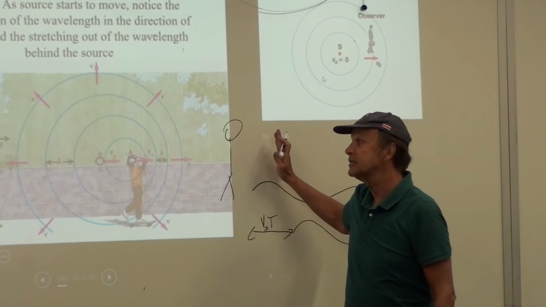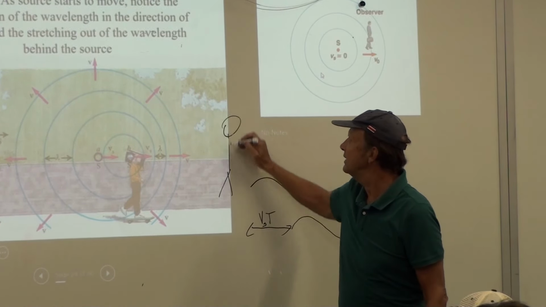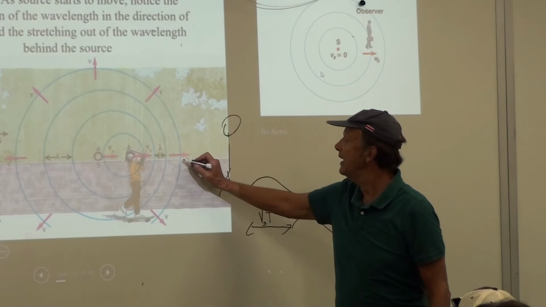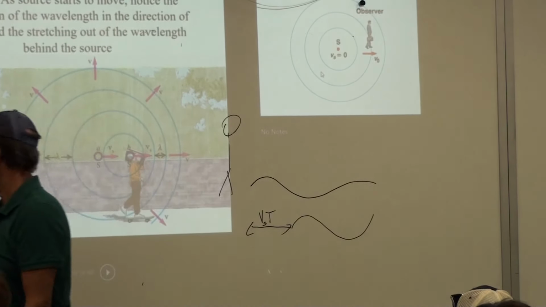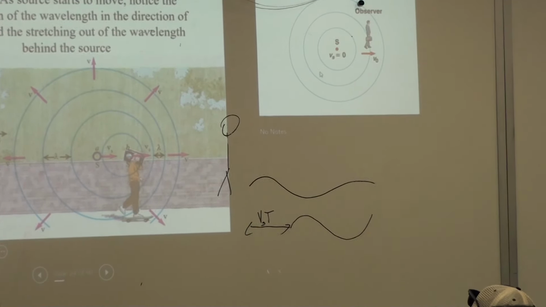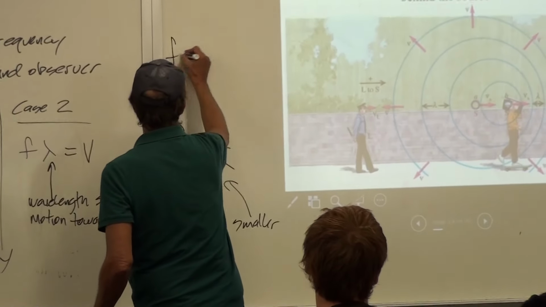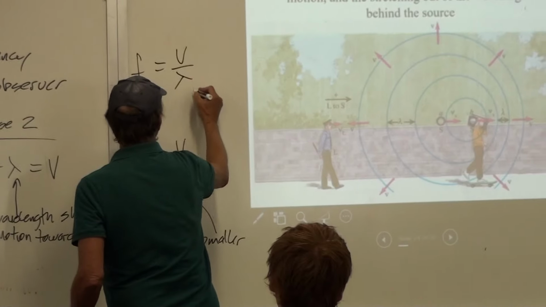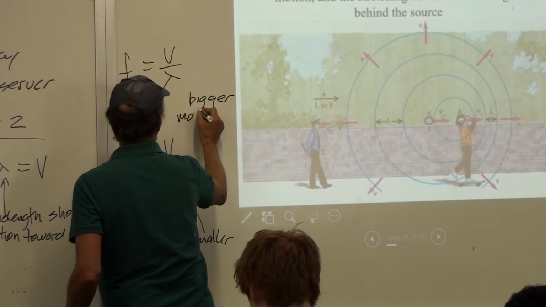The speed of sound is still the same value, and there's no relative motion between the observer and the sound. It's the wavelength that's become the determining factor for how the frequency is changed. And so if the wavelength is bigger, that's motion away.